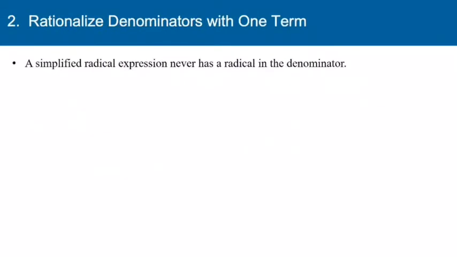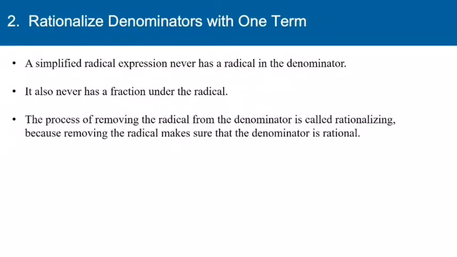Okay, now we are going to move on and talk about how to rationalize denominators with one term. So let's talk about what it means to get a radical expression simplified. A simplified radical expression never has a radical in the denominator, and it also never has a fraction under the radical. So whenever we have a quotient that has a radical in the denominator, it's our job to remove the radical, and that is called rationalizing.